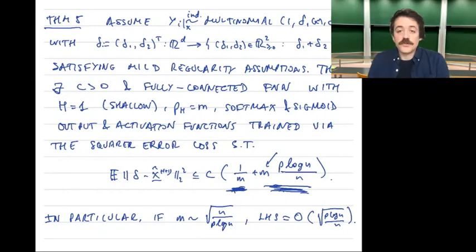Okay, but if we're free to choose as many units as we like, then we can always get this order of error, which is actually decreasing nearly like the inverse of the square root of n, which is essentially the best rate that one can have.